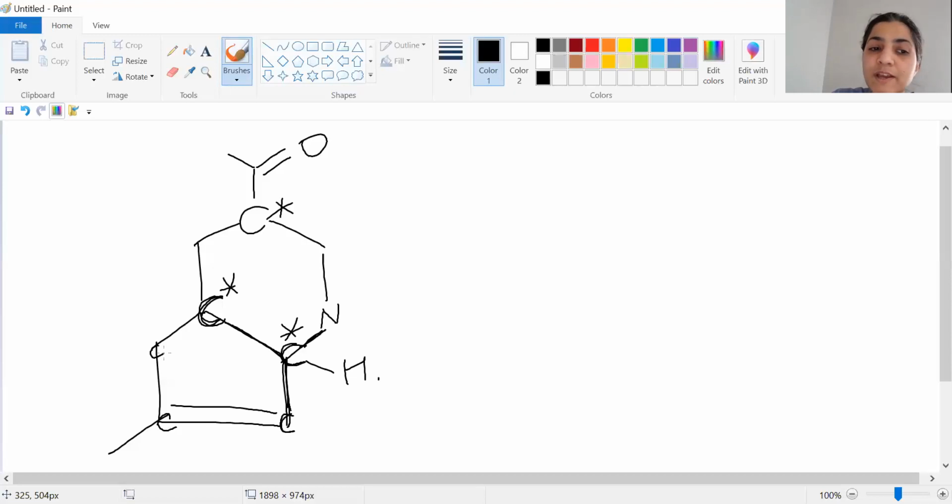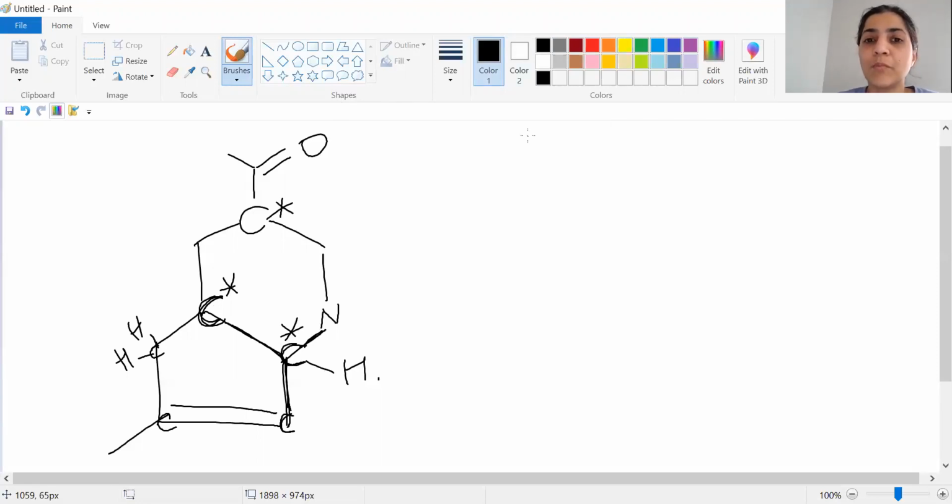This is sp3 hybridized but with same groups on it. And hence, on this particular molecule, there are these 3 chiral sites, and it can have R and S configurations on it.